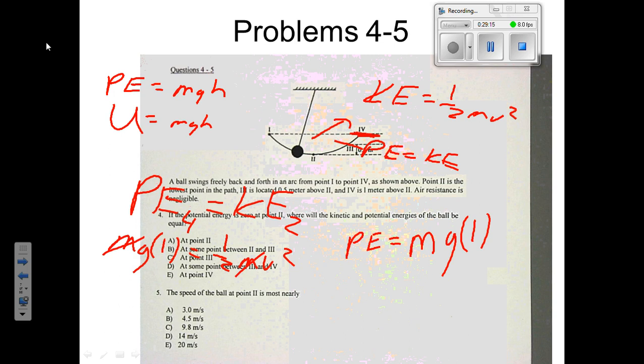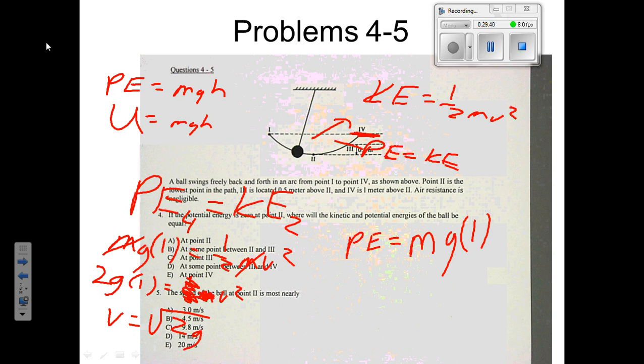So right now we've got g times 1 is equal to 1/2 v squared. Let's multiply both sides by 2 to get rid of that half. Solve for v, so we take the square root of both sides. So v is equal to the square root of 2 times g.